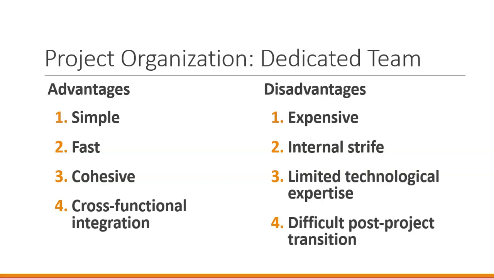We also might have limited tech expertise in that we're not able to pull engineers, design experts, accountants, or others out of the functional areas they're working in to work on our dedicated project team.